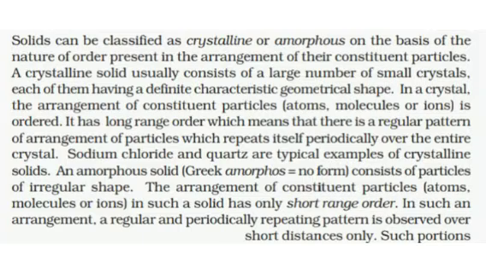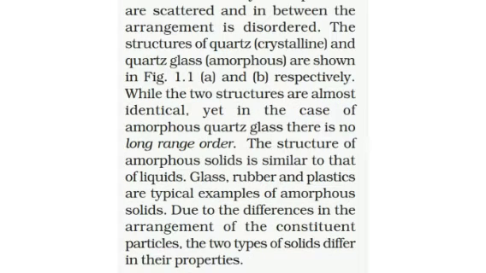In such an arrangement, a regular and periodically repeating pattern is observed over short distances only. Such portions are scattered and in between the arrangement is disordered. The structures of crystalline quartz and amorphous quartz glass are shown in figure 1.1a and b respectively.